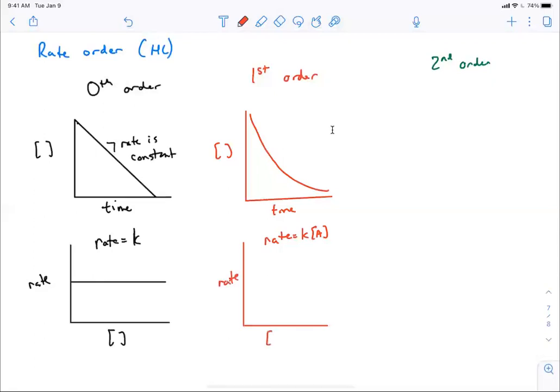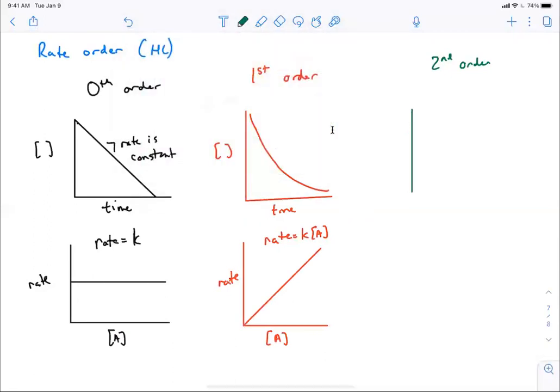Now you have a linear relationship. And a lot of that's just algebra, right? Rate equals a constant times x, y equals x, and that's just that graph here.